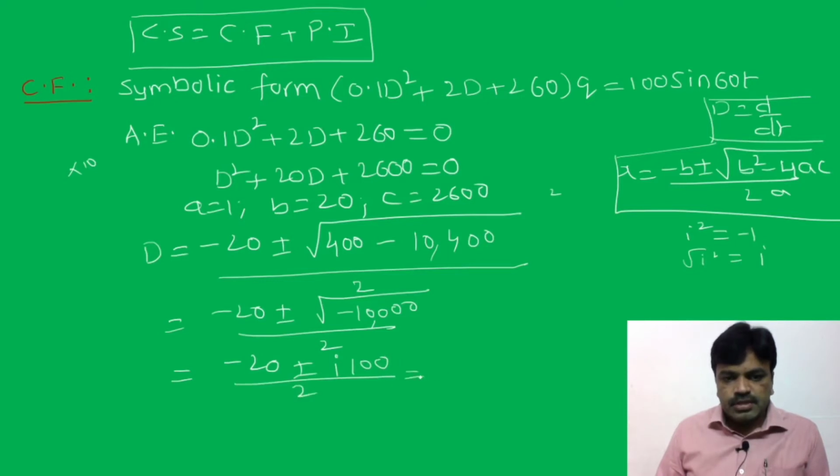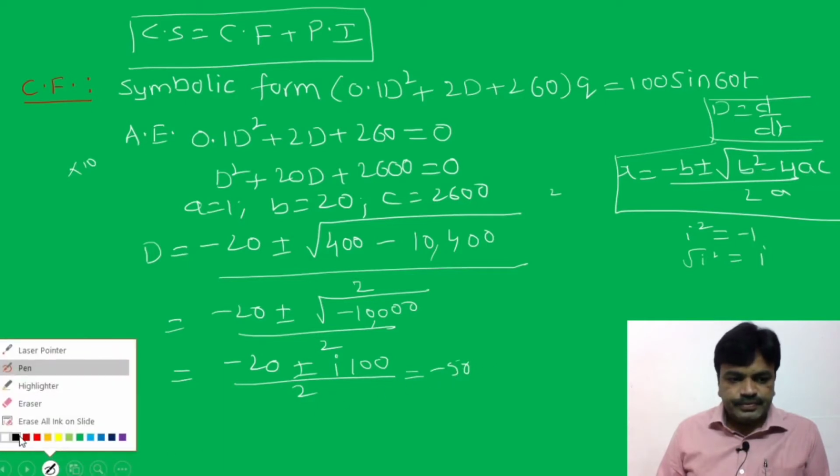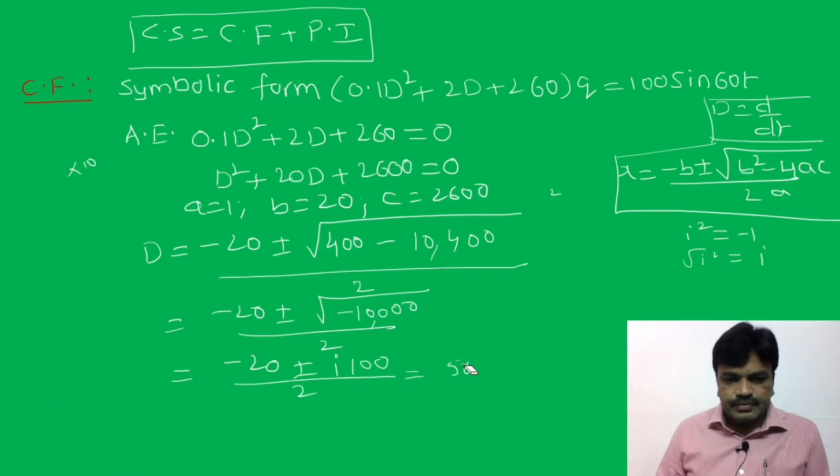So that is equal to minus 10 plus or minus 50i. So these are the roots: minus 10 plus or minus 50i.